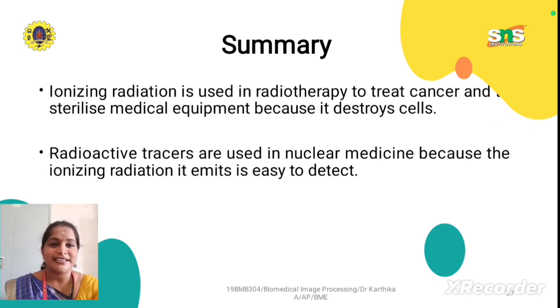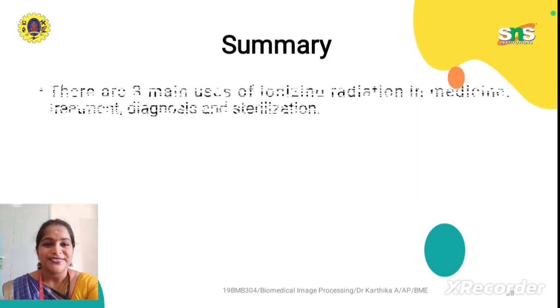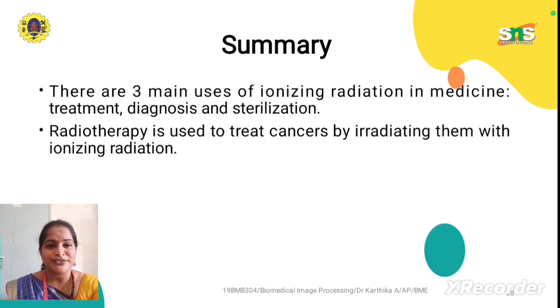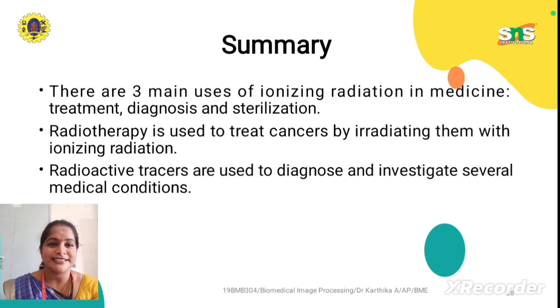Ionizing radiation is used in radiotherapy to treat cancer and to sterilize medical equipment because it destroys cells, and radioactive tracers are used in nuclear medicine because the ionizing radiation they emit is easy to detect. The three main uses are treatment, diagnosis and sterilization. Radiotherapy and radioactive tracers are mainly used for diagnosis as well as treating cancers.